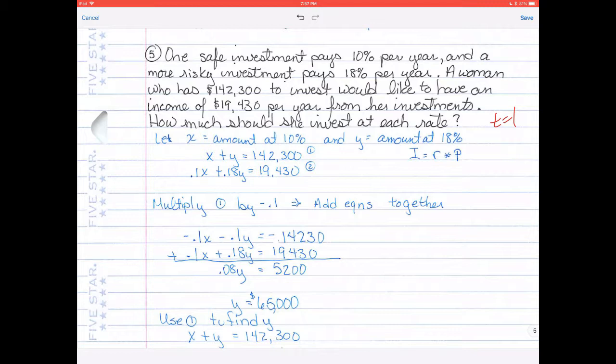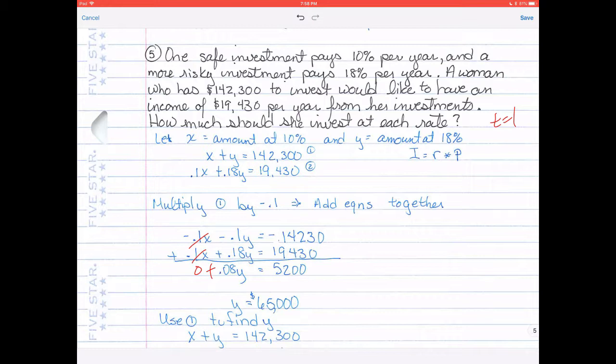So what you're going to do, I'm doing this by elimination because I want to show you that not everything has to be done by substitution. So I'm going to multiply equation number 1 by negative 0.1. When I do this, the x's become 0.